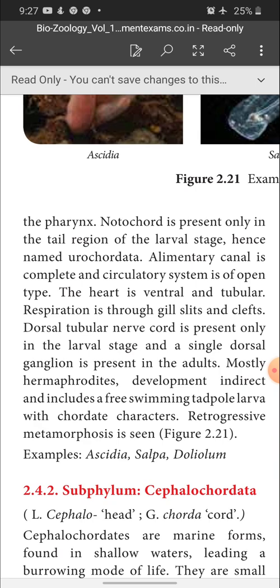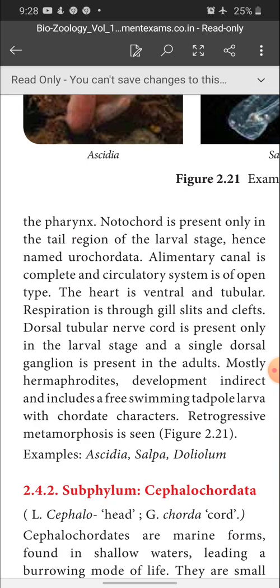The alimentary canal is complete and the circulatory system is open type. The heart is ventral and tubular. Respiration is through gill slits and clefts. The dorsal tubular nerve cord is present only in the larval stage, and a single dorsal ganglion is present in the adult.